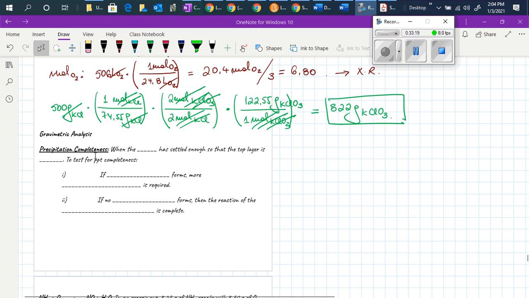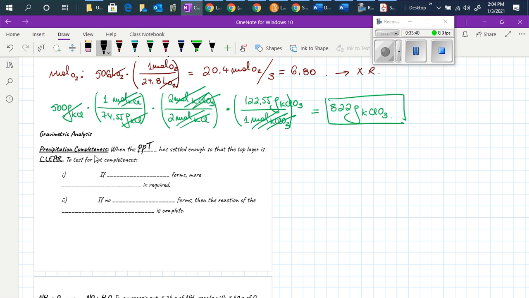When the precipitate has settled enough so that the top layer is clear, you will see that the precipitate is completed when the top layer is clear and there is no cloud on it.